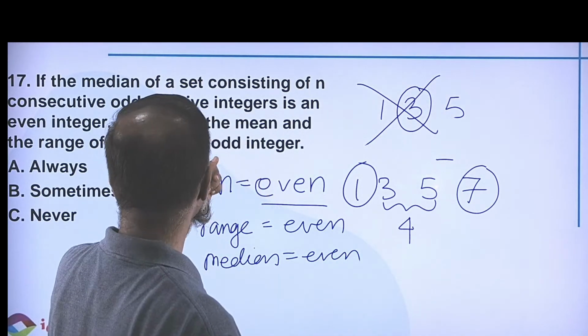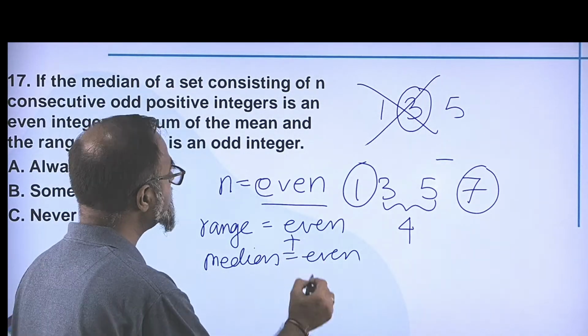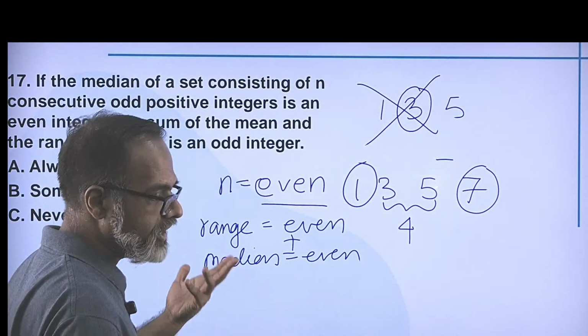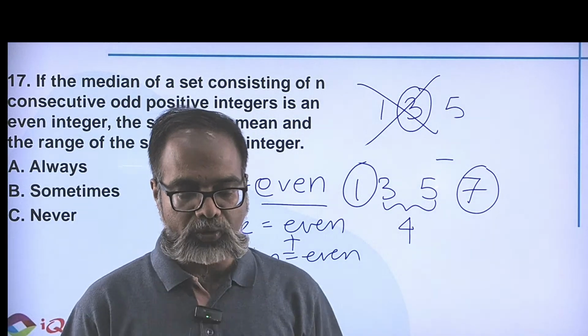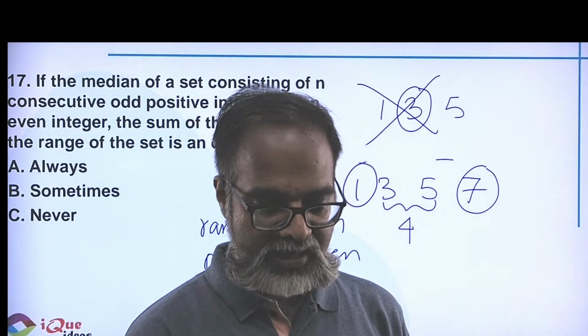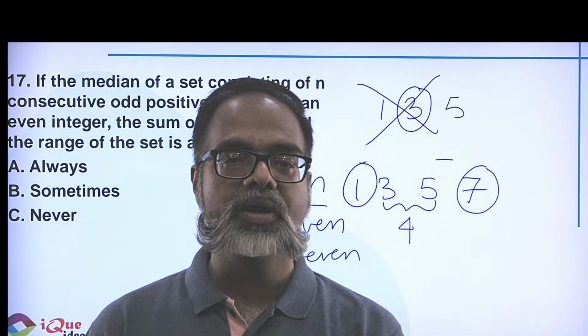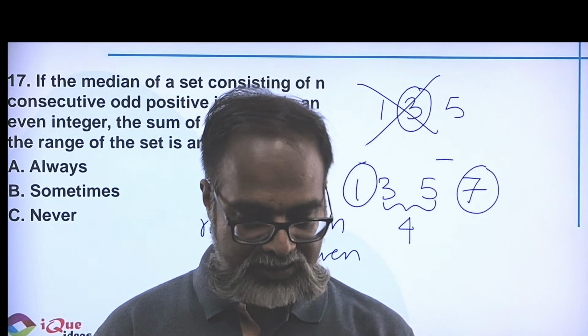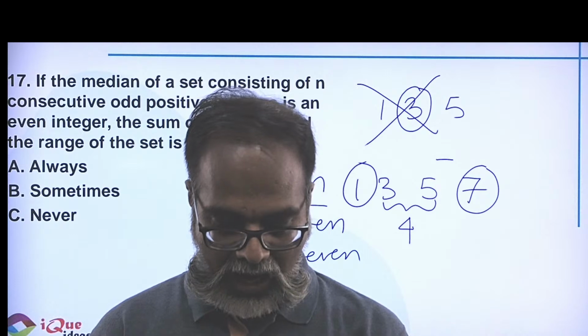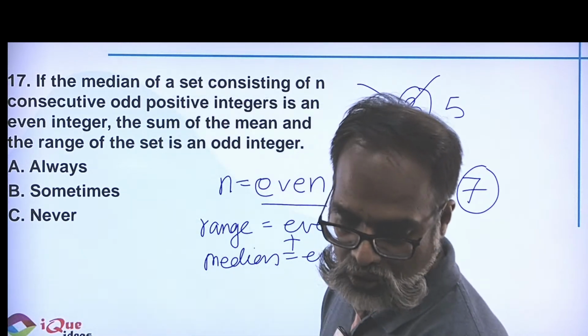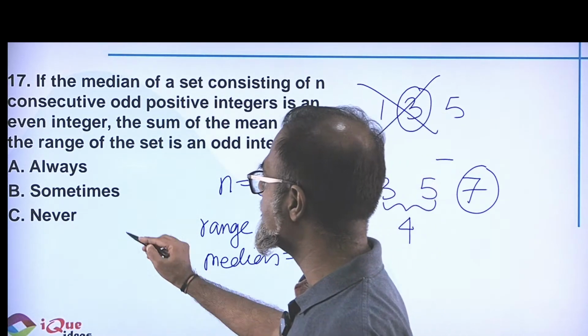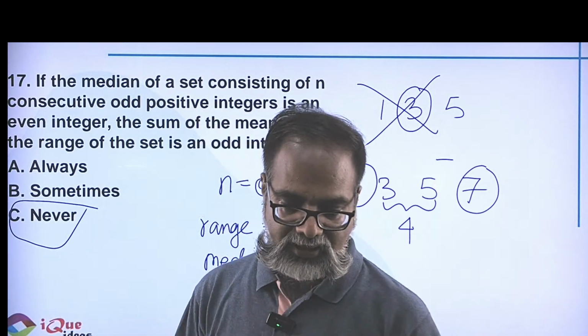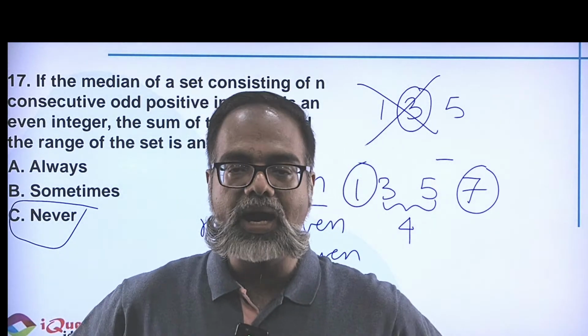So the sum of the mean and the range, that is an even plus even, is an odd integer. Nope. The sum of two even integers can never be an odd integer. Right? So what is this? Is it an odd integer? The answer is never. Never. So question number 17, I mark C as my answer and we move ahead.